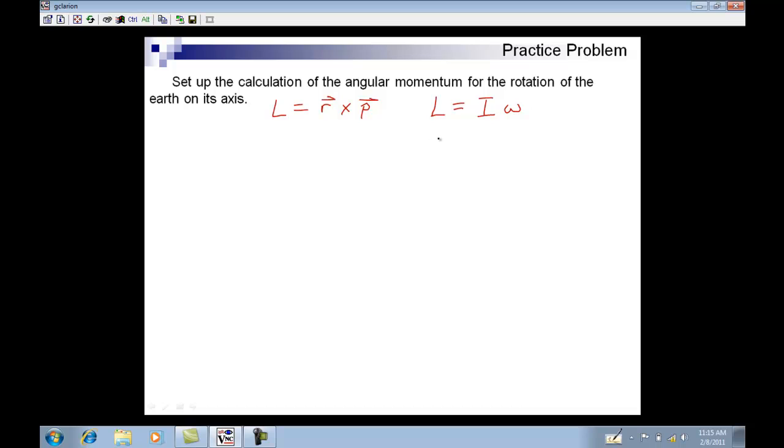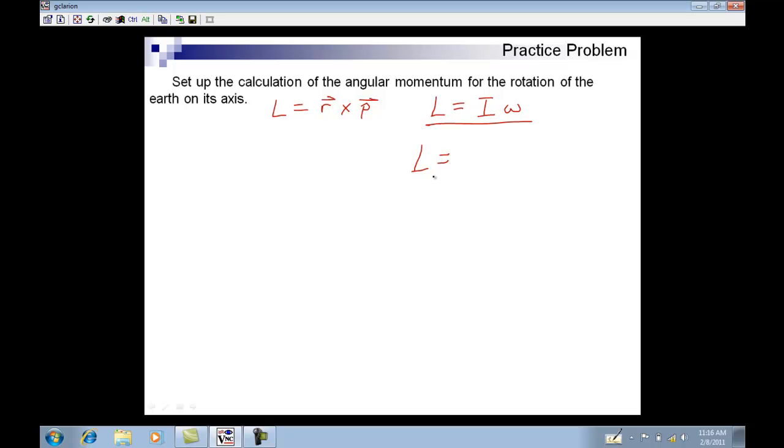In this case, because we're going to treat the Earth as a solid object, we're going to use that equation. Now, what kind of geometry should we treat the Earth as, even though it's really not like this? We're going to treat it as a sphere.